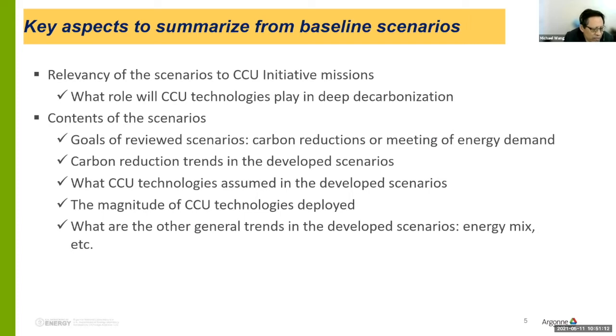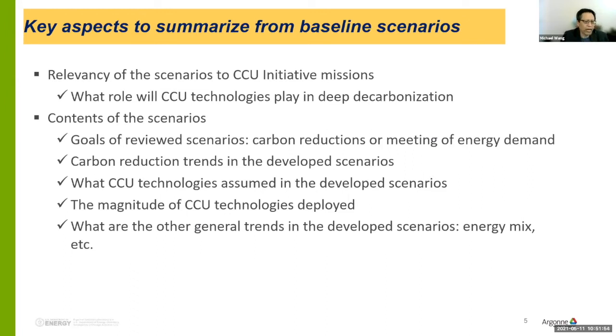For the context of the scenarios, we will look for information on the goals of the reviewed scenarios, either carbon reductions as the goal or meeting future energy demand, the carbon reduction trend in the developed scenarios, what CCU technologies are assumed in the scenarios and the magnitude of CCU technologies deployed, and what the other general trends in the scenarios are, such as energy mix and energy demand.